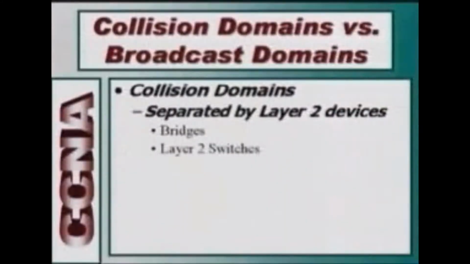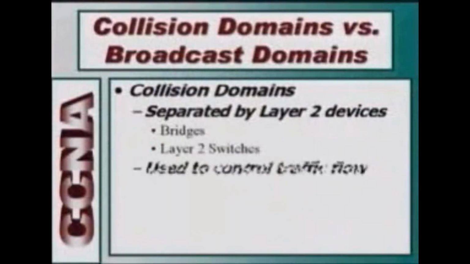So we take a device such as a bridge or a switch, because most switches work at layer 2. You'll hear some people say layer 3 switch. That's really more like a router than it is like a switch. So we take a device like a bridge or a switch, we put it into the network so that we're dividing those 1,000 computers into segments. The way that's divided is by using the physical address, and we'll talk more about that.